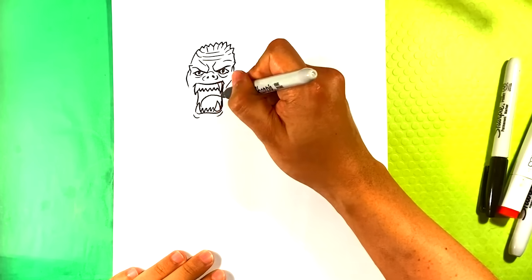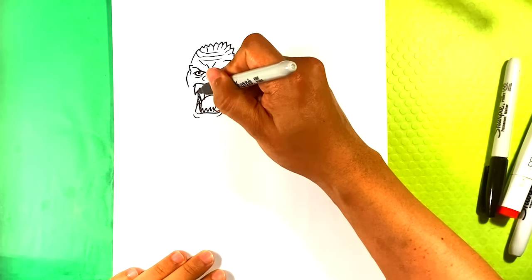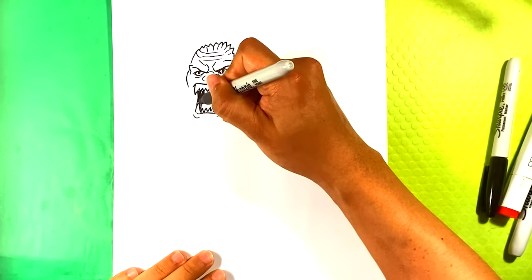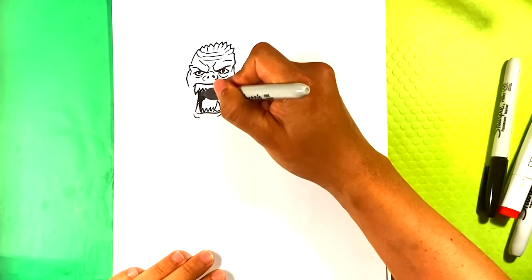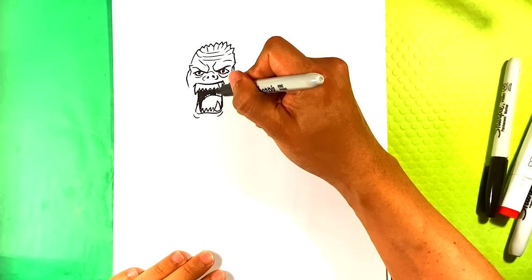Curve over here, line down, fill in the gap over here on this side. Basically the dark portions of it, the pit of the mouth.